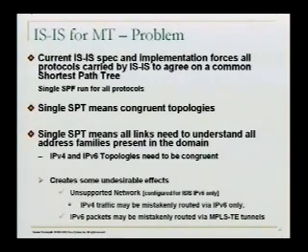The current ISIS specification forces all the protocols carried by ISIS to agree upon a common shortest path tree. And a single SPT means you need to have congruent topologies, but it has its own problems.